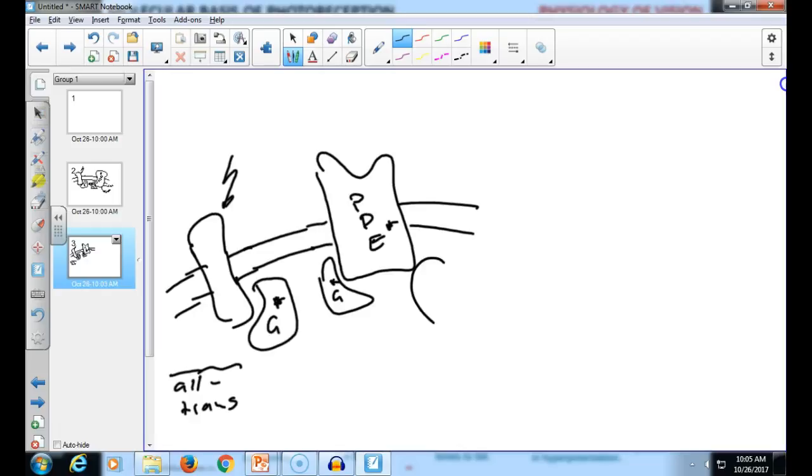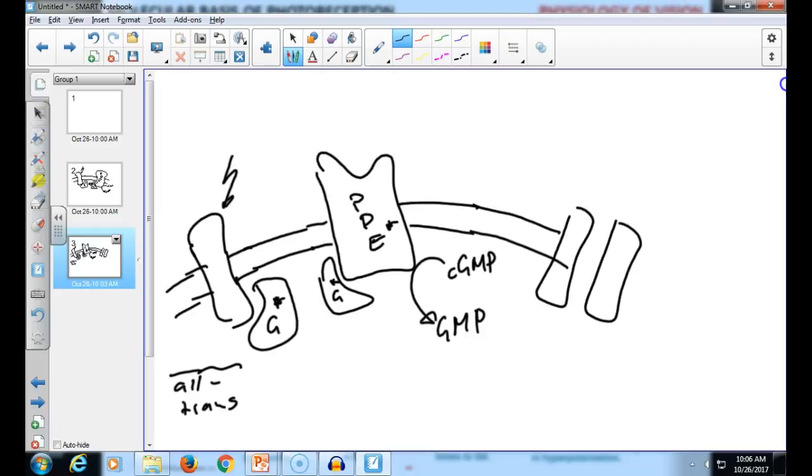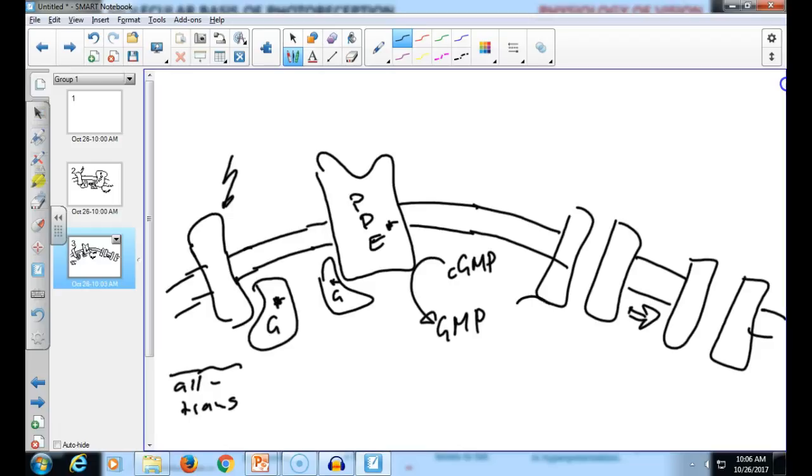Okay? So cGMP is destroyed, and you have channels. cGMP keeps these channels open. So when cGMP is bound, the channel is open.